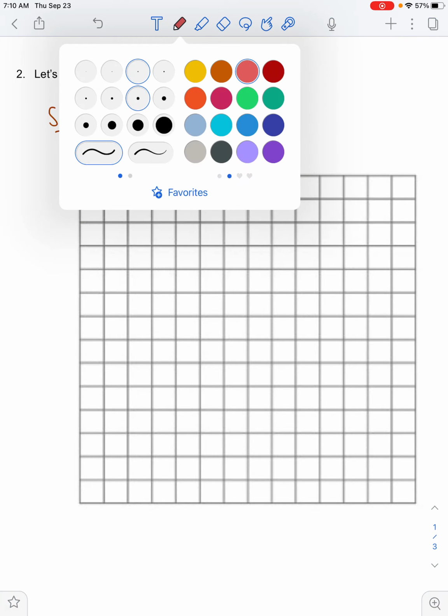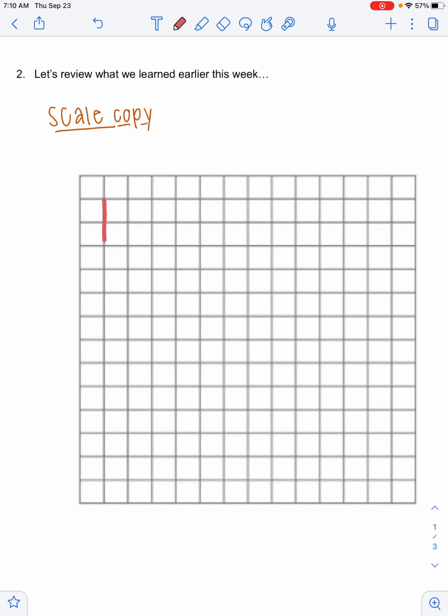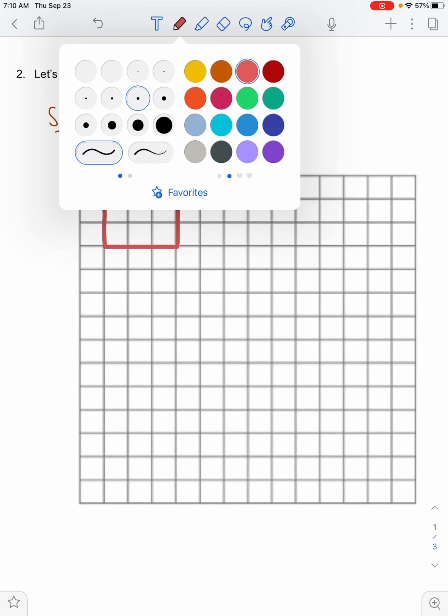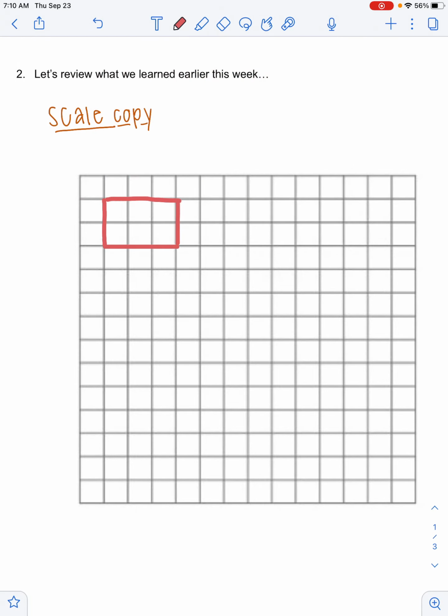Let's say that I have a rectangle, and I want to scale this rectangle with a scale factor of 2. So my scale factor is 2. I can see that the side lengths of my rectangle are 2, 3, 3, and 2.